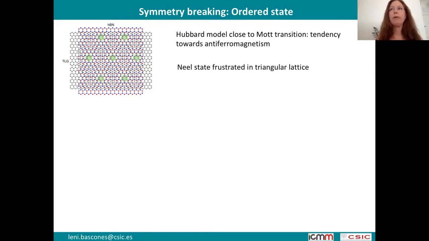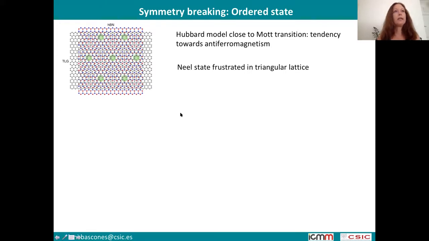There may be some other antiferromagnetic state, nevertheless. But also, particularly in this system, we have a lot of hoppings. It's not just hopping to the first nearest neighbor, we have hopping to many neighbors. So there can also be different antiferromagnetic states.